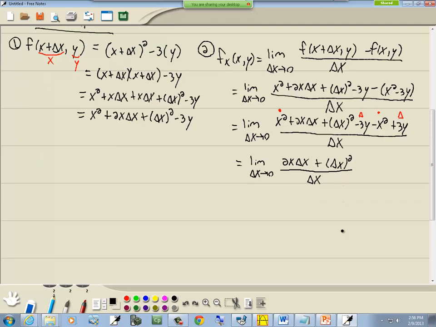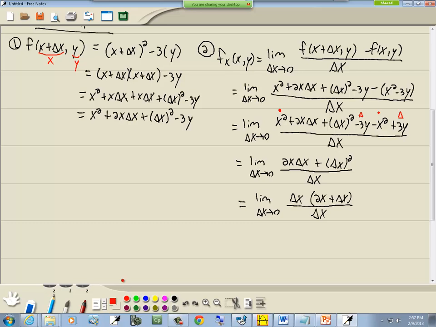And you notice everything up on top has a delta x, so I'll factor that out. So we've got the limit as delta x goes to 0, and we've got delta x. When we factor that out, that leaves us 2x plus delta x over delta x.